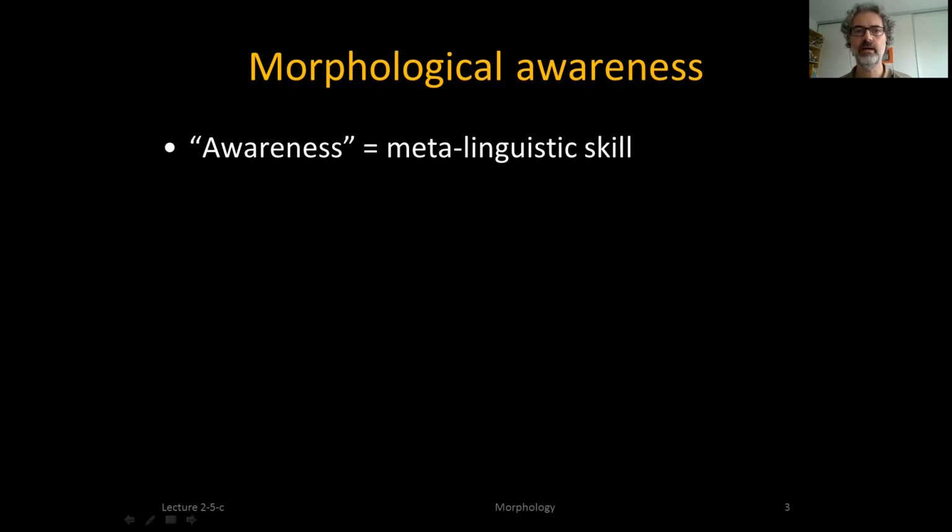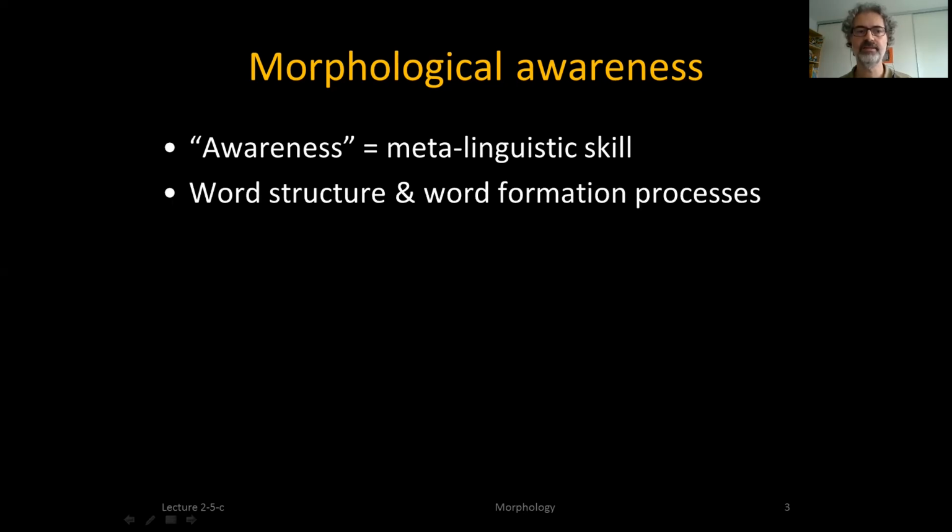So phonological awareness was a meta-linguistic skill above the linguistic skill of being able to use the language by speaking properly and understanding words. In a similar way, morphological awareness is a meta-linguistic skill that concerns an explicit understanding of morphology.